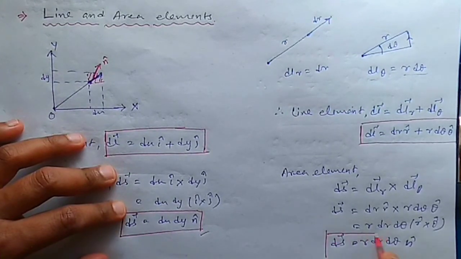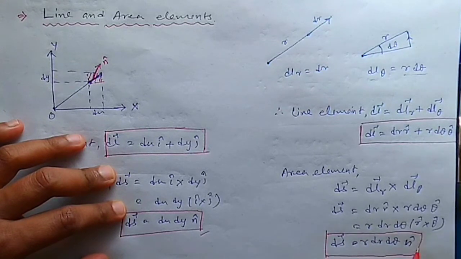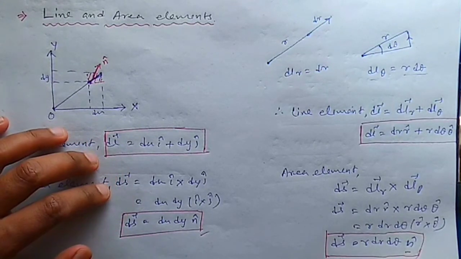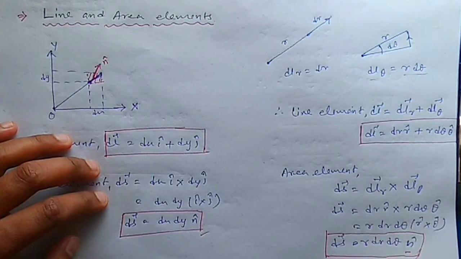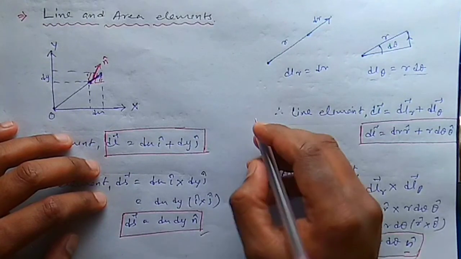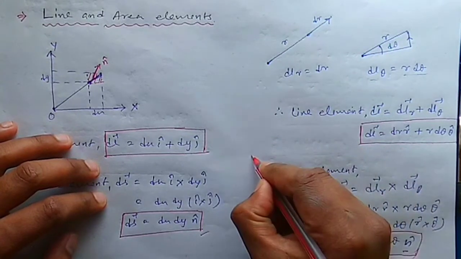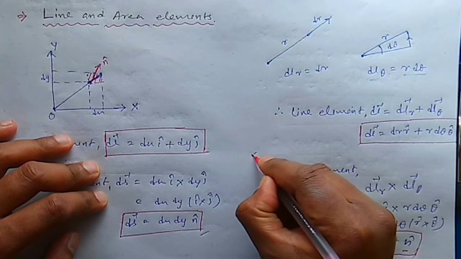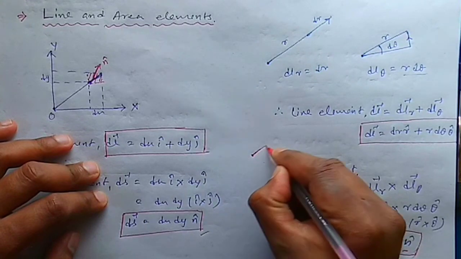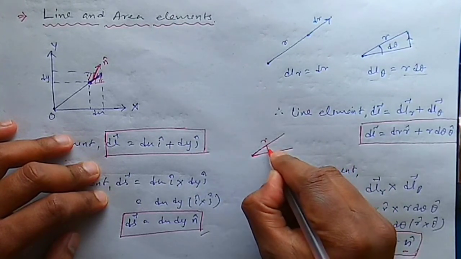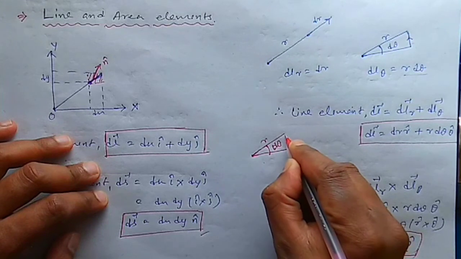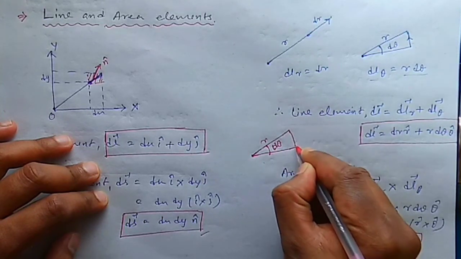Similarly here, n cap is perpendicular to the r theta plane. We can represent it here: this is the radius vector r, this angle is d theta, this is the length of the arc.